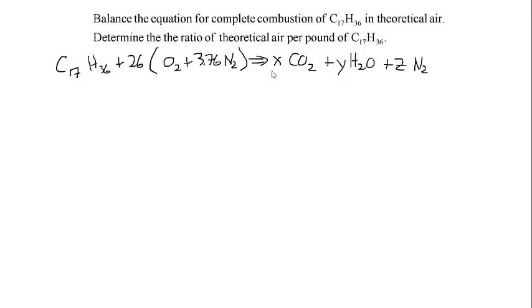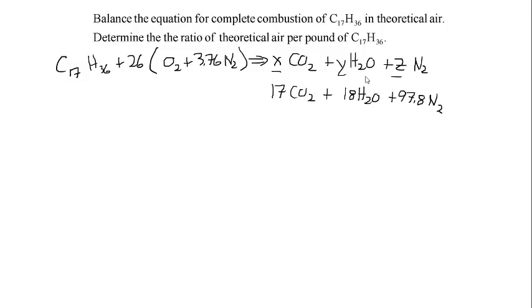If you were to do the math here and do a balance, you should find 17 CO2 plus 18 H2O plus 97.8 nitrogen. Again, this should be something you can do. I'm not going to spend any time on it because I assume this is something that you did in freshman year chemistry.